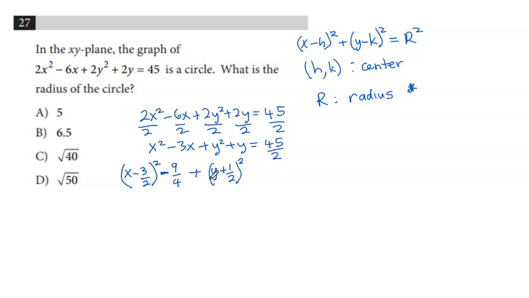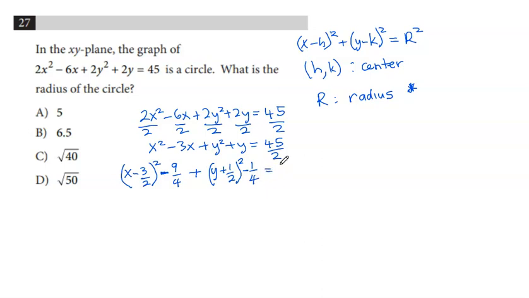And once we do this, if you expand this, you will notice that there will be an additional 1/4 introduced from here, right? It's going to be y squared plus y plus 1/4, right? So we neutralize that by subtracting 1/4.